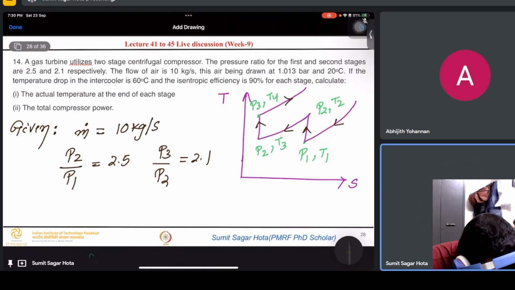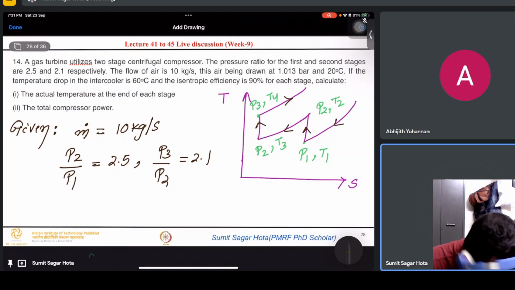You proceed as mentioned in the question. It's written gas turbine, so the cycle goes in the clockwise direction, 1 2 3 4. And it's written first stage, the first stage obviously on the right side. That means P1 to P2 is the right side, and the left side is P2 to P3, that is the second stage. So first will be P2 by P1, then P3 by P2.